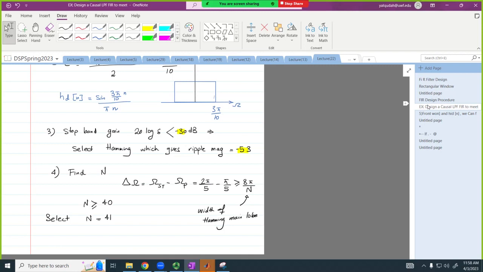So the filter is going to have 41 elements. 20 at the center and 20. So at 0 there is an element, and there are 20 elements here, 20 elements here. This is not causal. So we're going to shift everything by 20 so it starts at 0 to make it causal. So it's going to come out from 0 to 40. Therefore, it's 41 because of the 0.